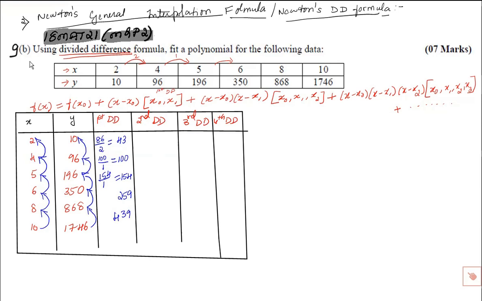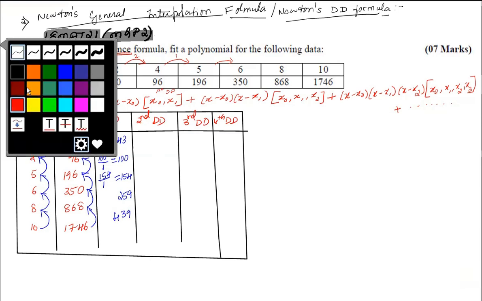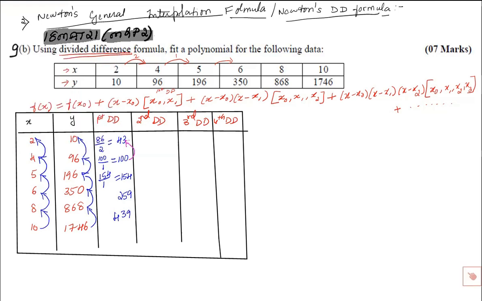Next, the second divided difference. While computing the second divided difference, 100 minus 43 is 57, divided by this length now, 5 minus 2, which is 3. So the answer is 19. And similarly, 154 minus 100, that is 54, divided by the length 6 minus 4, that is 2.